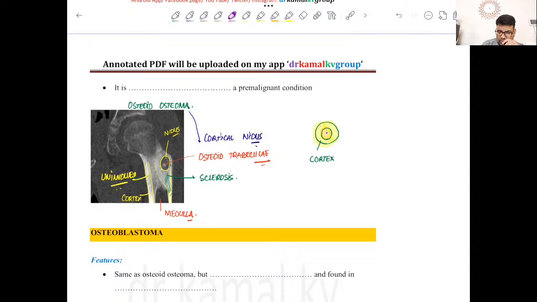So this is the medulla or medullary cavity. I will write medullary cavity so that you don't think of the medulla of the brainstem. Clear? So this is the transverse section.